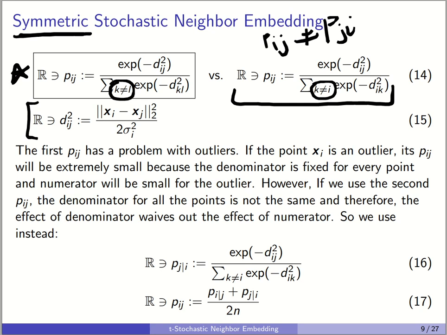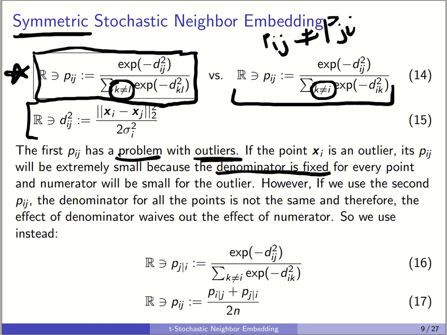But notice one thing. This Pij, if we use this boxed equation, has a problem with outliers. Why? If point xi is an outlier, its Pij will be extremely small, because the denominator is fixed. You see that the denominator is fixed for all data points because it's summing over all pairs.